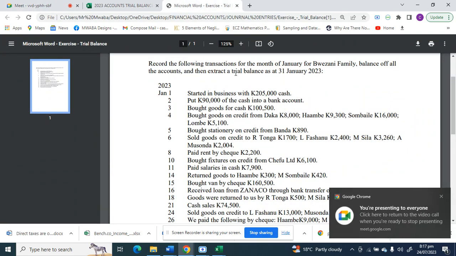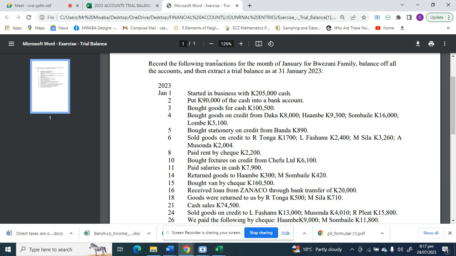Yes, there'll be the cash account and there's going to be the capital account. So we've identified two accounts that are involved. Are they increasing or decreasing?